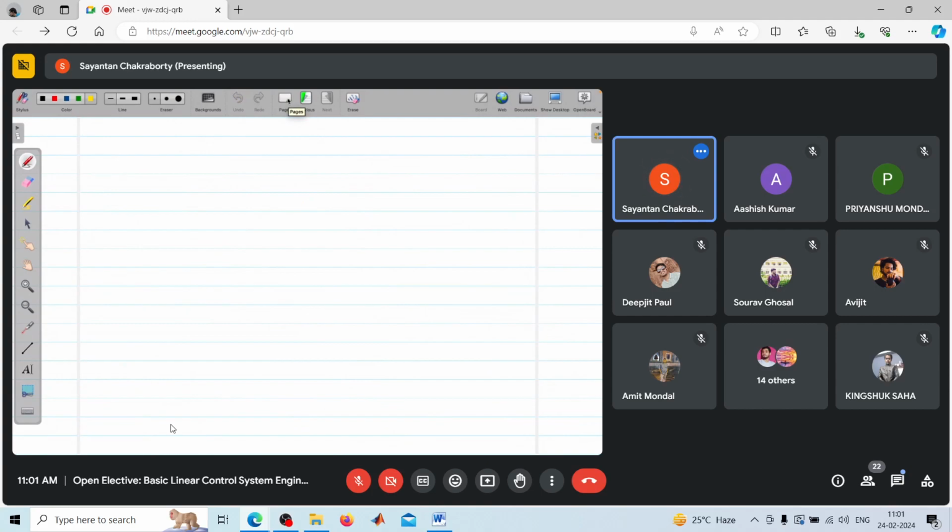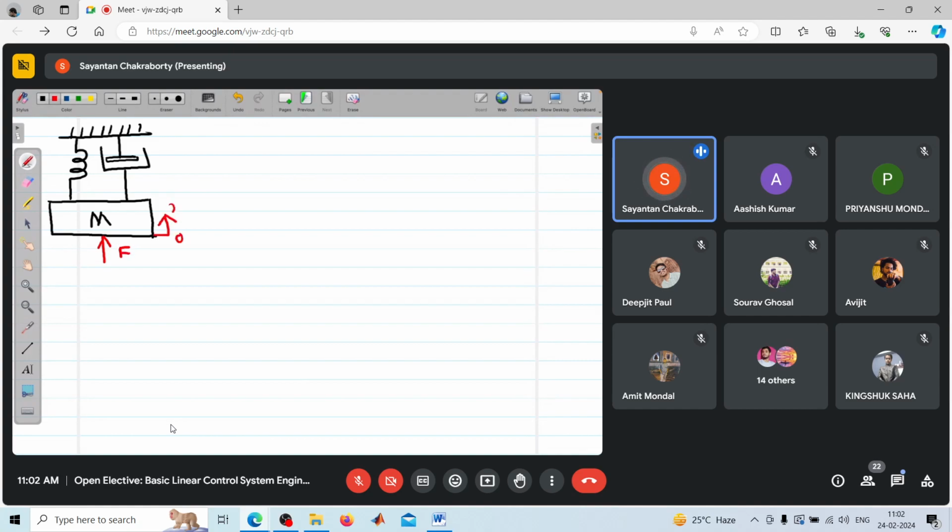With this in mind, let us consider a system that comprises of these basic building blocks or basic ideal elements. First, let us consider a translational system. Mass M, and on application of force F, I have a displacement.